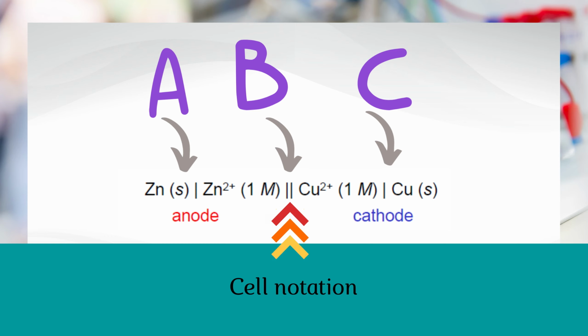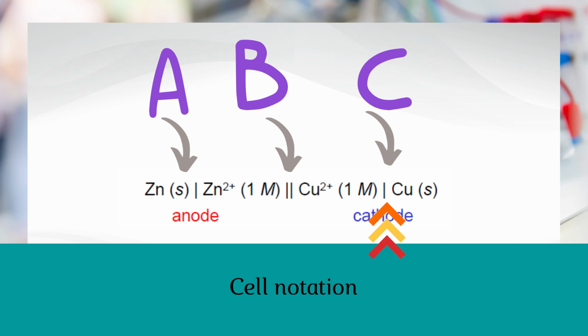A double vertical line is used to separate the anode half reaction from the cathode half reaction. So this represents the salt bridge.